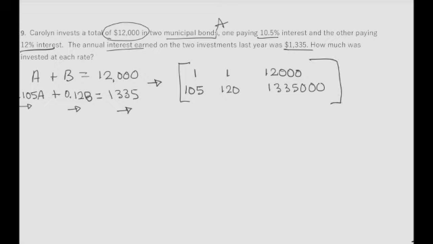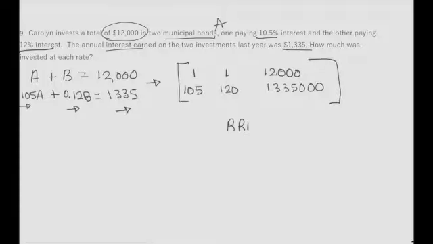Now we set up the matrix. Can we solve the matrix? If you use your calculator and do RREF, what will you get? You should plug it in and try it. I'm just going to write the answer down so you can check it. Oh, I don't know the answer off the top of my head.